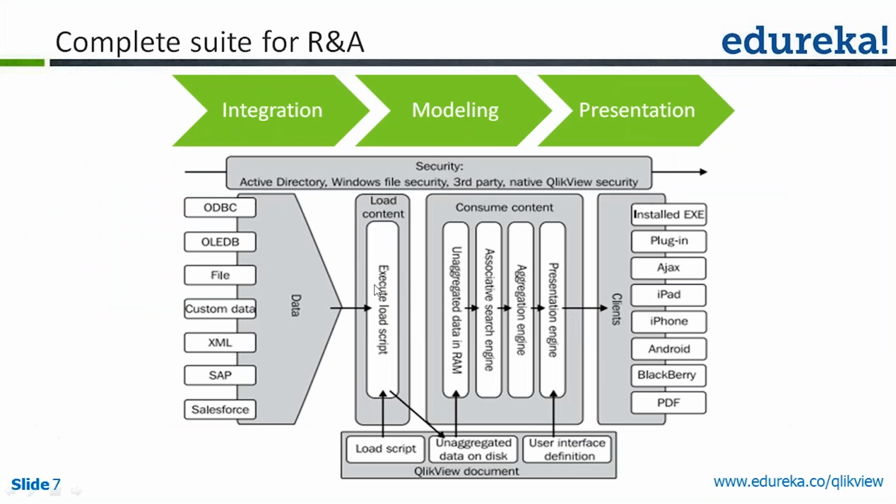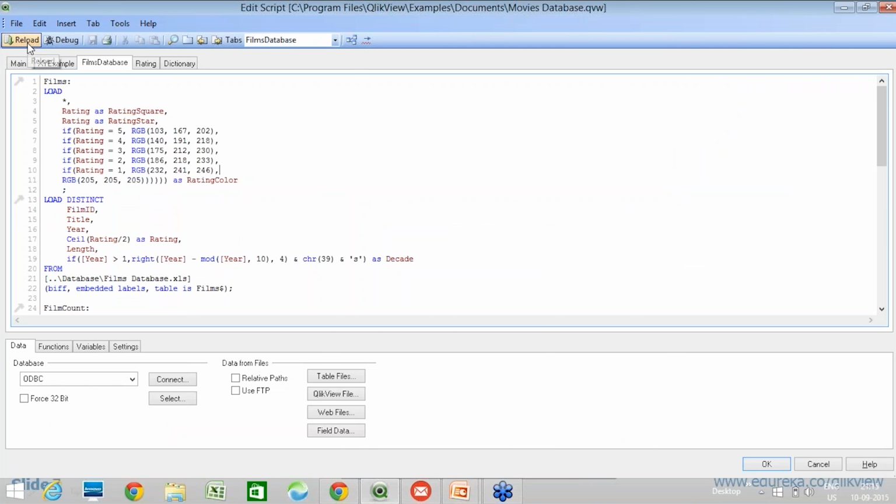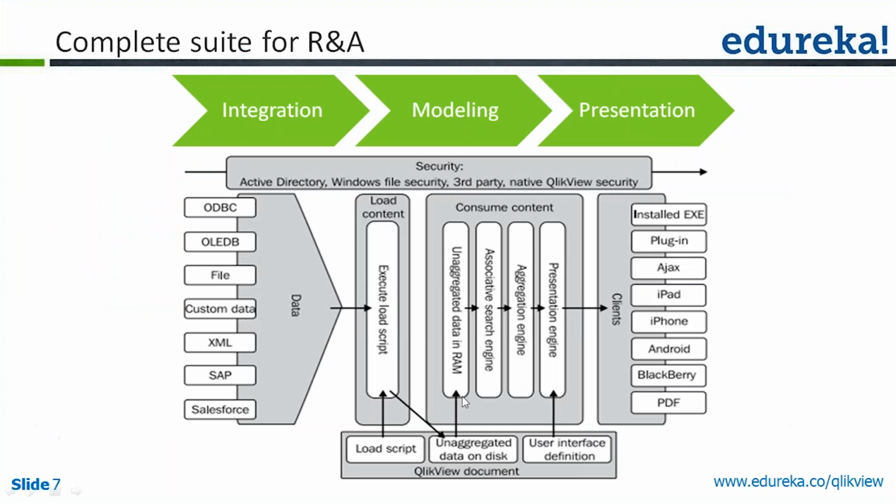Here we are loading the script by hitting this load button, and then it brings the unaggregated data into the RAM, or it can be aggregated based on the way you are writing the script. We will look into how you can write unaggregated or aggregated data when you actually come into the class and see how things happen via the different types of scripting.